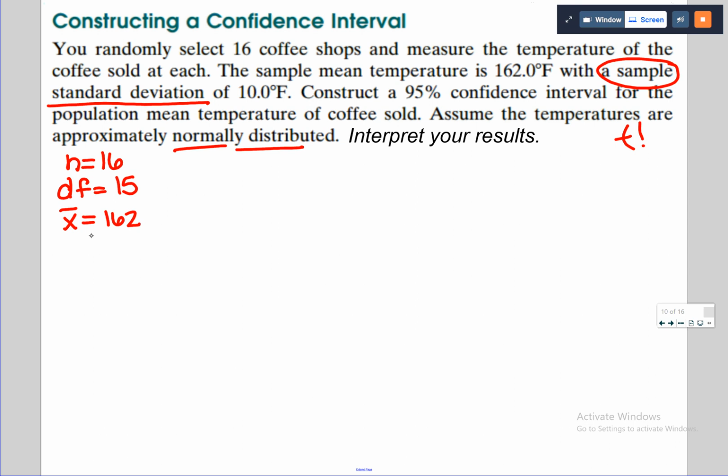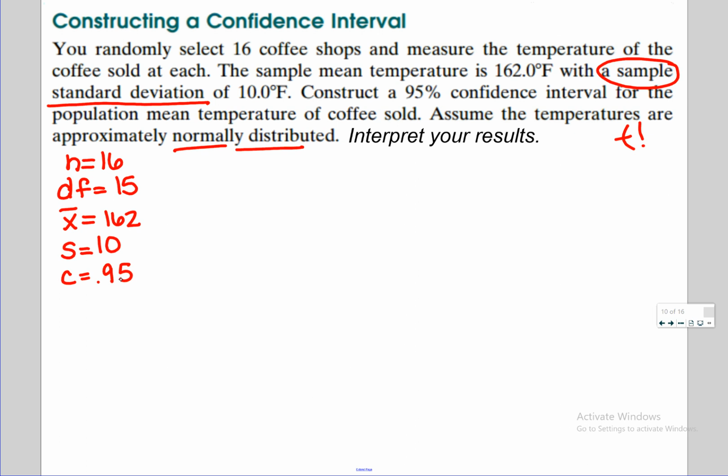I am given a sample standard deviation of 10. A confidence interval of 0.95 is my 95% confidence interval. And then I can use that to find my critical value of t from my distribution chart, okay?